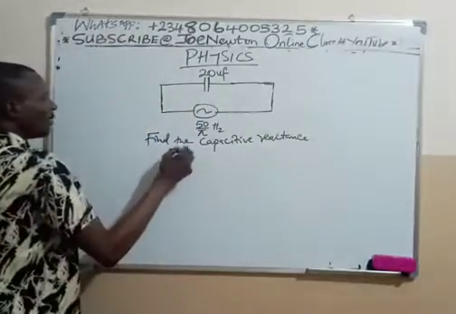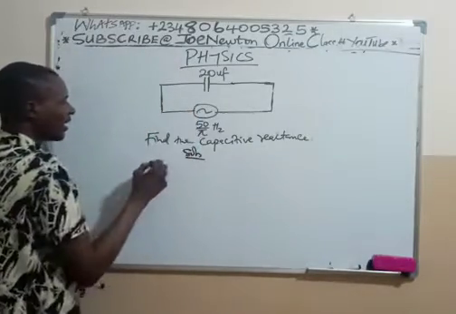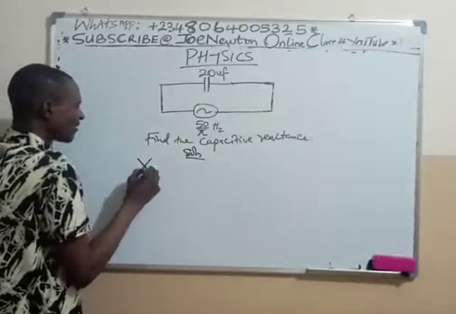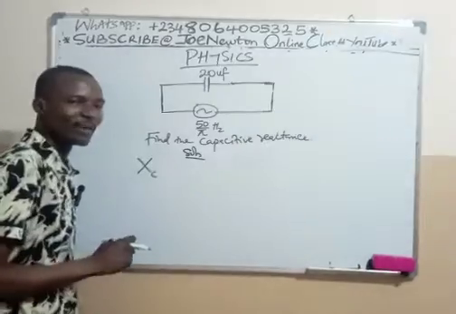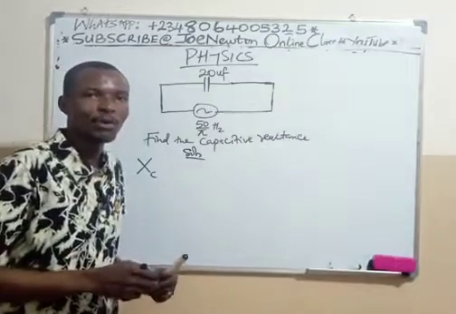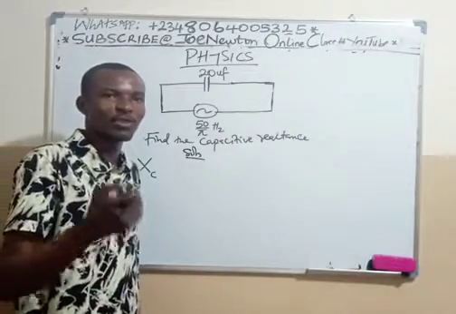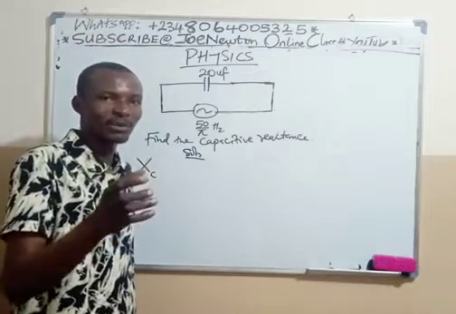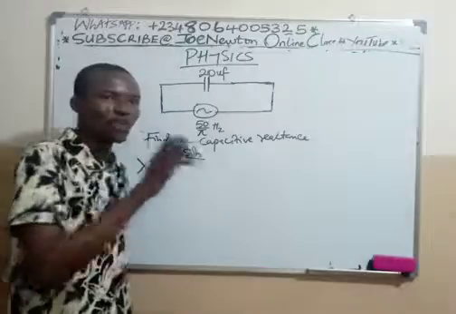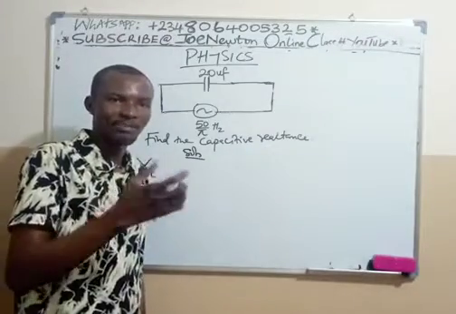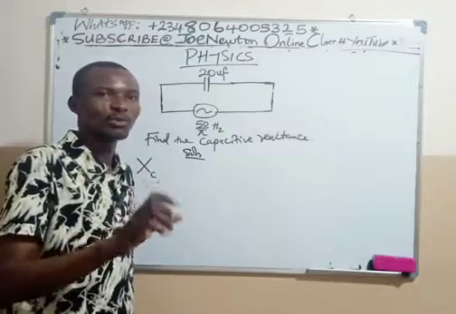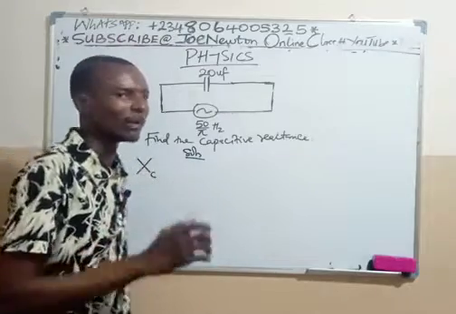Then, in solving this, we have that capacitive reactance is given by XC. Of course, XC stands for reactance, but we can have inductive reactance as the opposition offered by the inductor in an AC circuit. Capacitive reactance is the opposition offered by the capacitor in an AC circuit, that is opposition to the flow of the AC current.